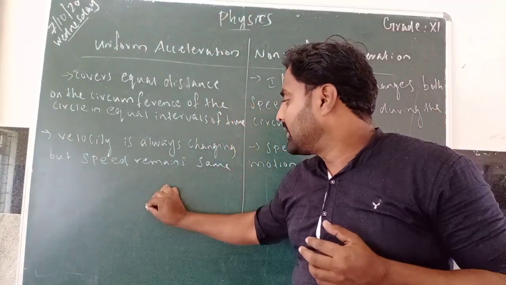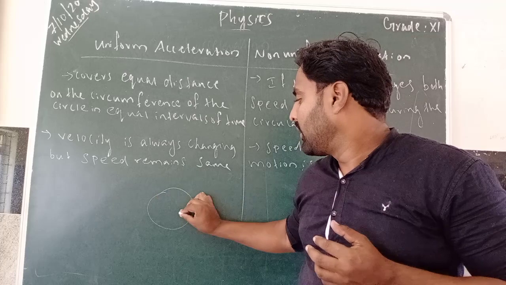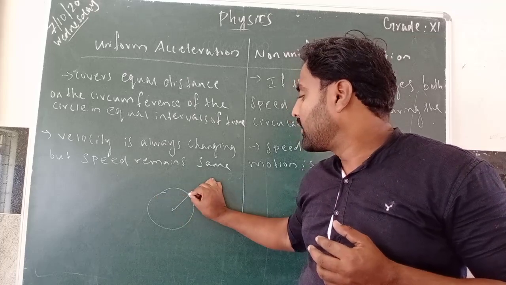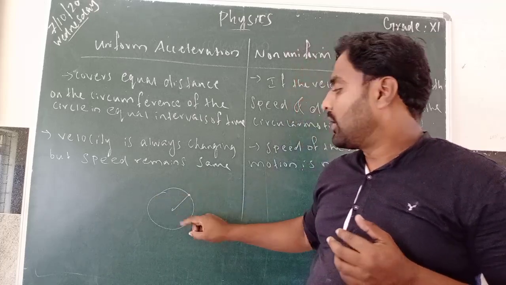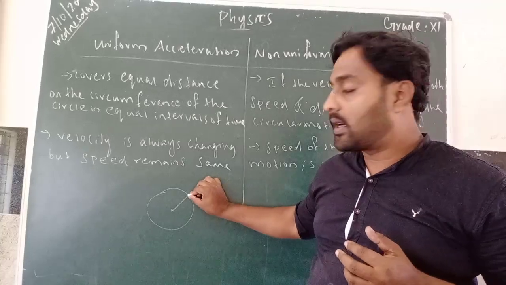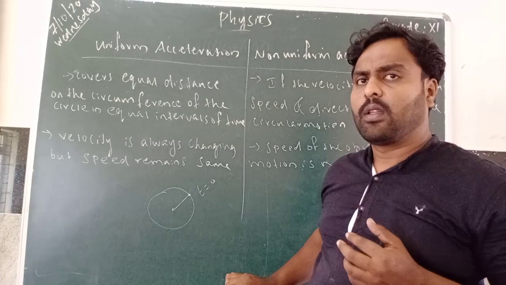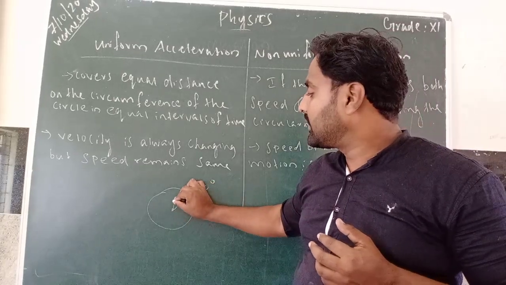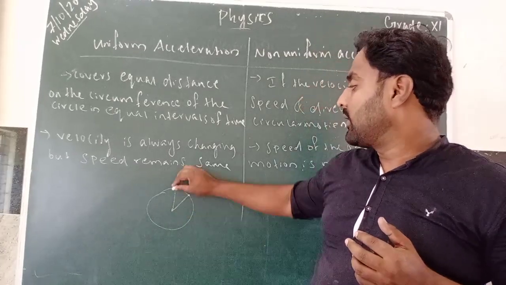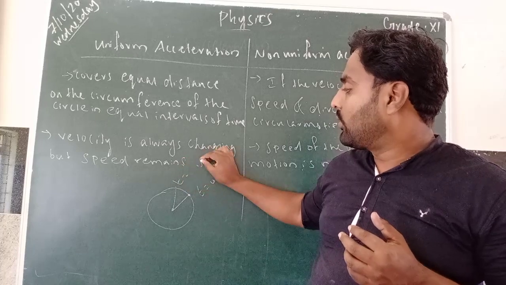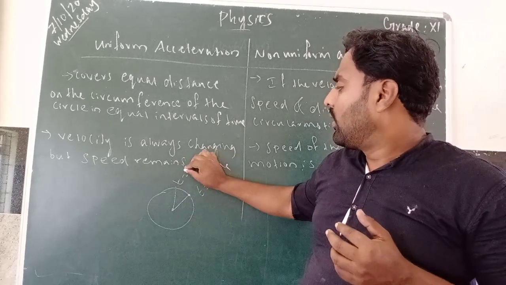Suppose, assume that this is a circle. One particle is moving. The particle starts from here when time t equals 0. Then the particle is shifted to another position, now time t equals 1 second.